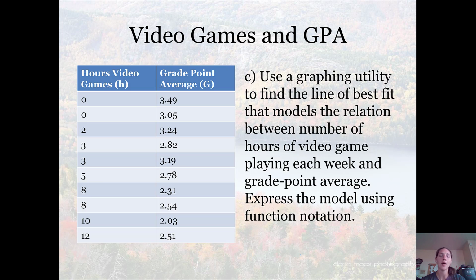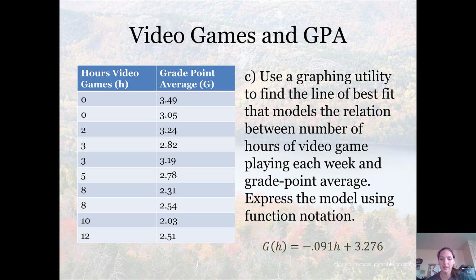All right. Now we're going to use your graphing utility to find the line of best fit that models a relation between the number of hours of video game playing each week and grade point average. And we're going to express the model using function notation. Function notation. Okay, this really means no big changes for you. Instead of using y equals for your best fit line, we're just going to use g of h equals for your best fit line.